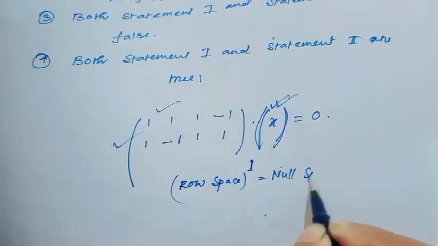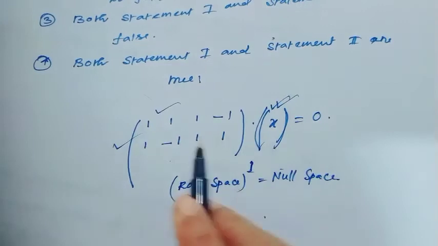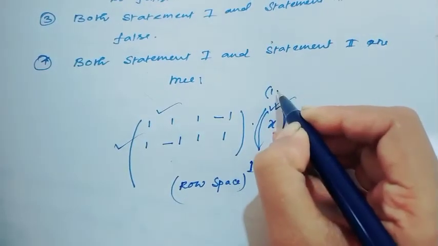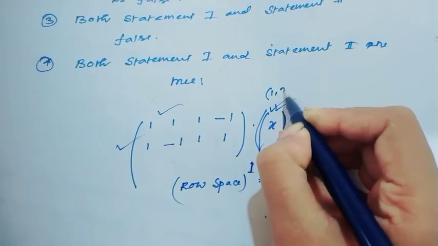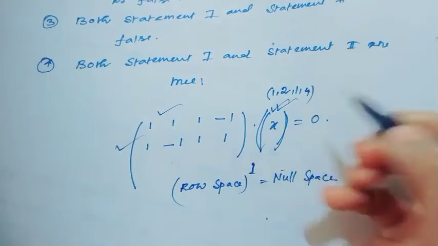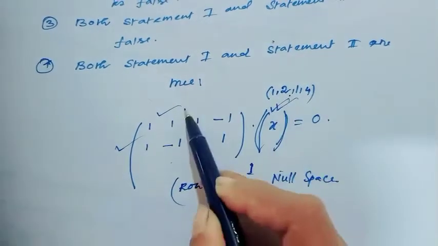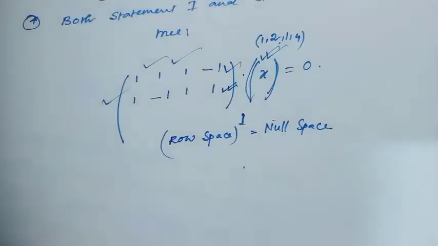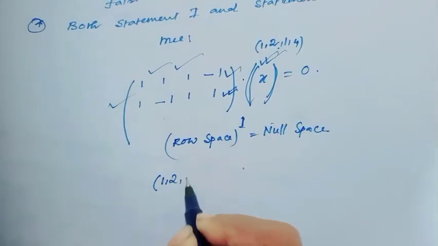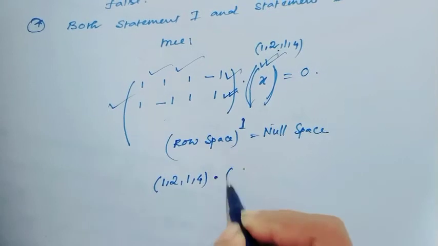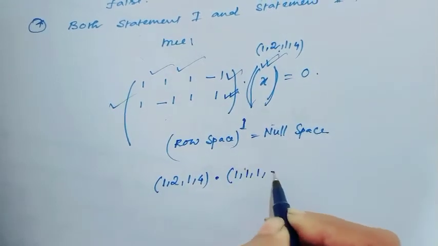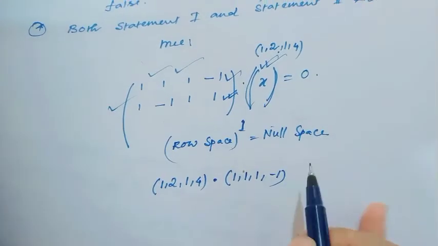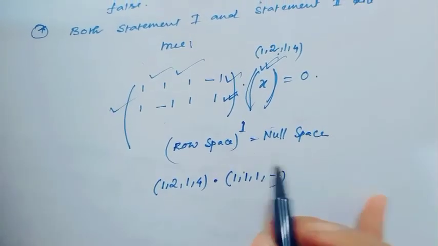So this vector dotted with these two vectors would obviously be 0. That means (1, 2, 1, 4) dotted with (1, 1, 1, -1).